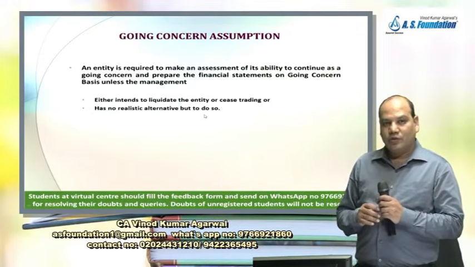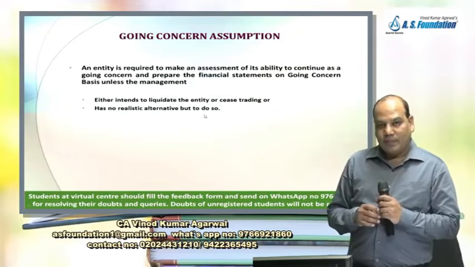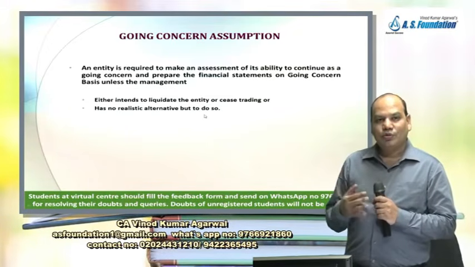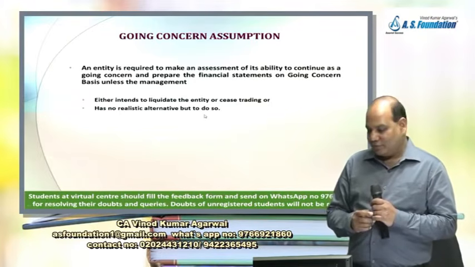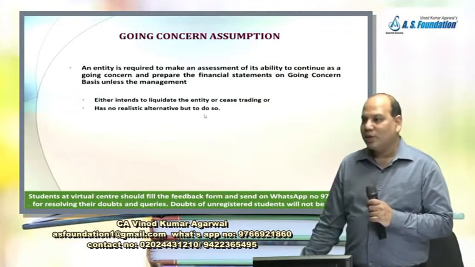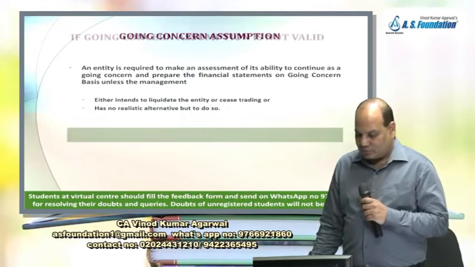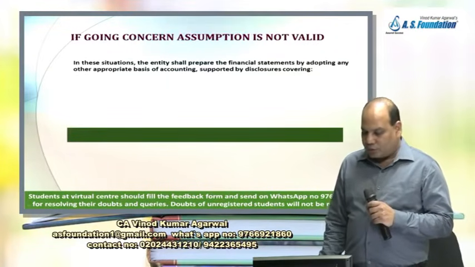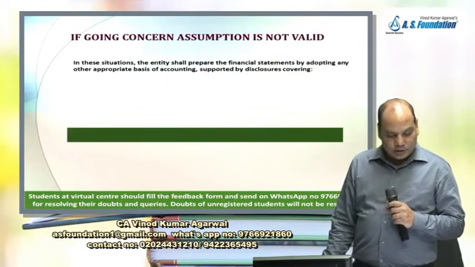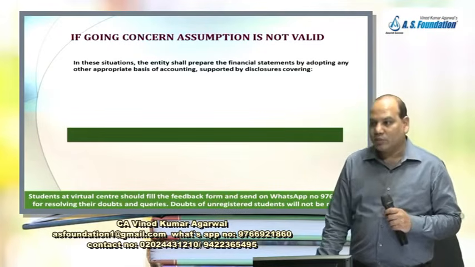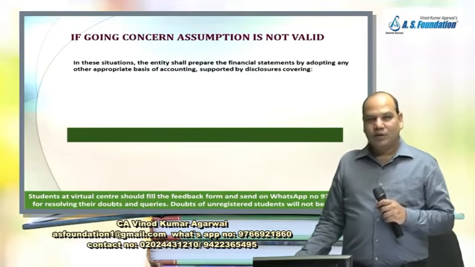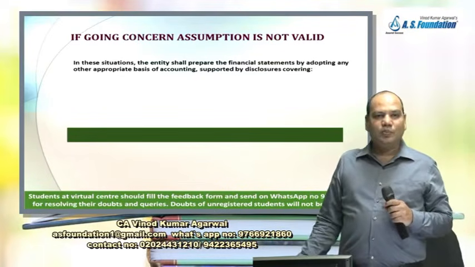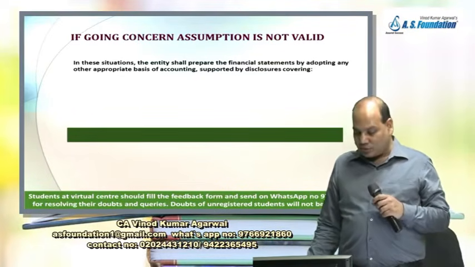This disclosure is important because investors should know that this company where I am putting my money may not remain a going concern after a 12 months period. Now, if going concern assumption is not valid, it is possible that some companies may find that it is not possible to continue beyond 12 months.